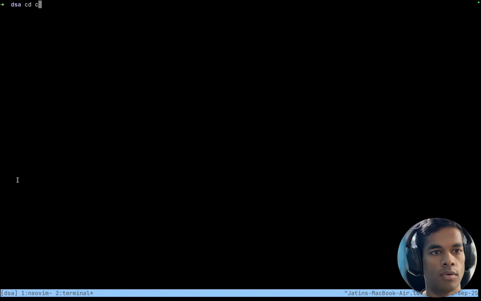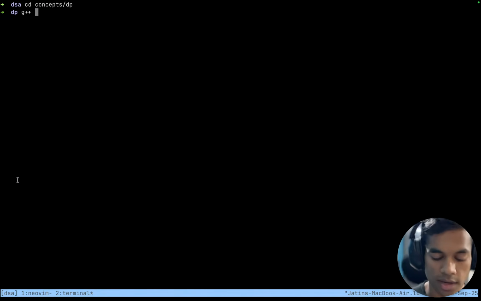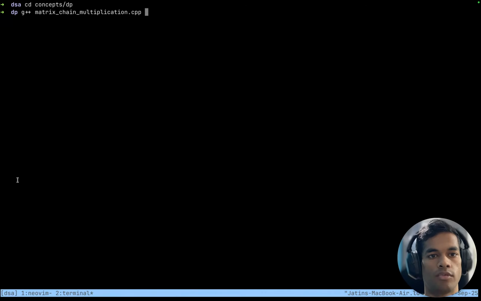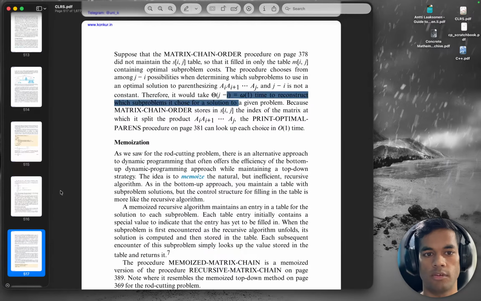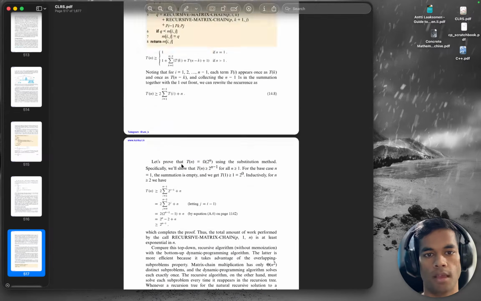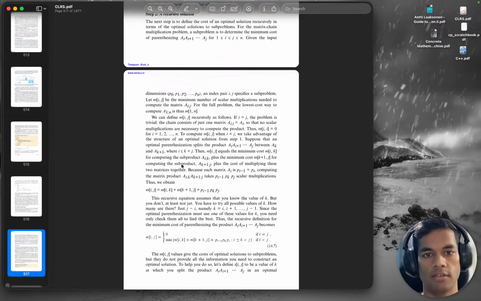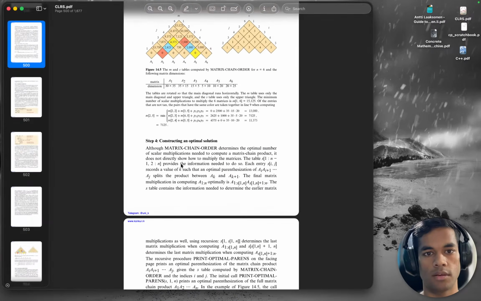And we go g++, and first we have to compile it. It is compiling, and we will have to give it some input as to what the matrix sizes are like.